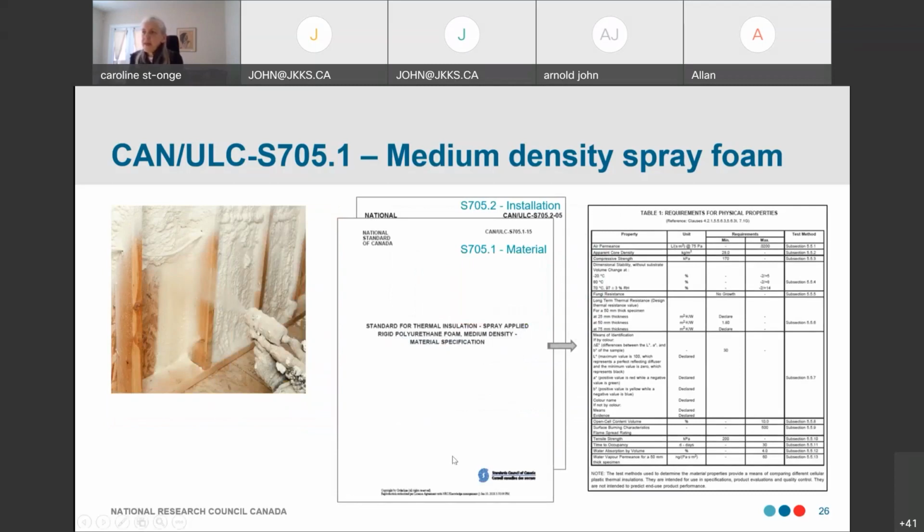This material standard refers to an installation standard, which is S705.2. The material standard requires multiple properties to be tested as well. And because we're talking about spray foam, the table of testing the physical requirements refers to LTTR and not RSI initial. So it is specifying long-term thermal resistance.